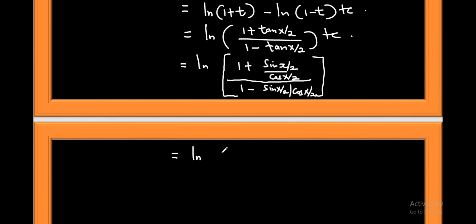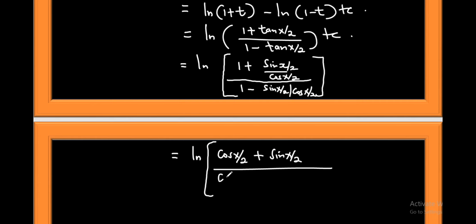That means we end up with cos x out of 2 plus sin x out of 2, then divided by, I look at the denominator now, which will give us, again, cos x out of 2, because its LCM is cos x out of 2, and then minus sin x out of 2. What has happened here is that the LCM for the numerator has cancelled with the LCM for the denominator.